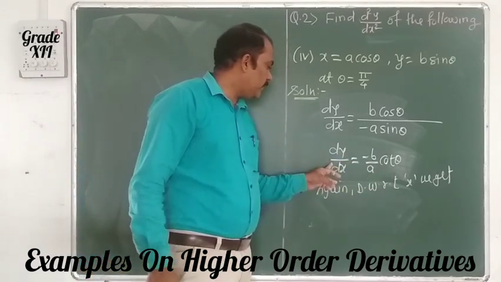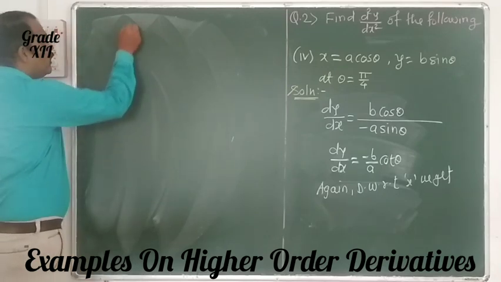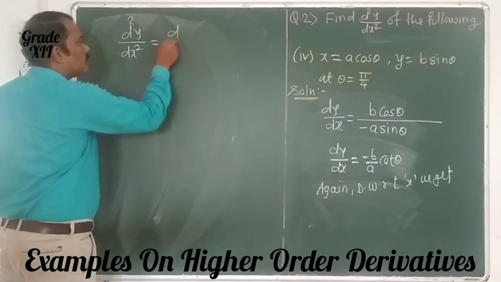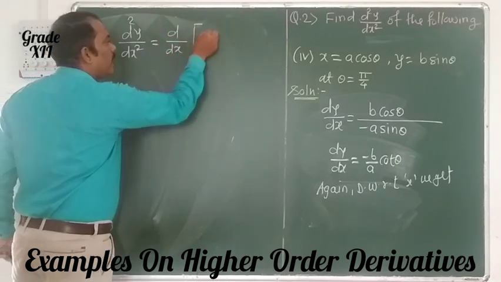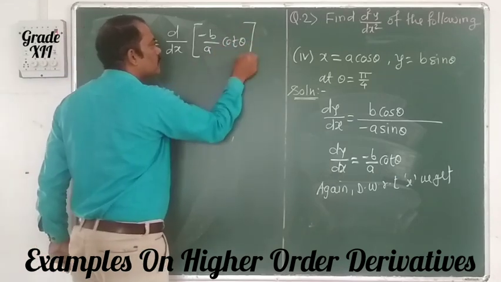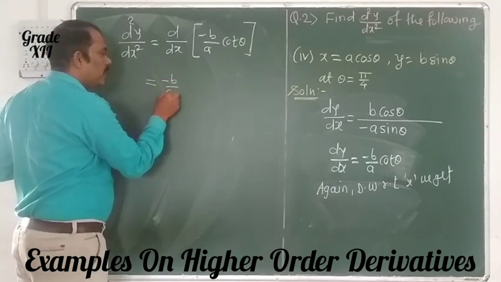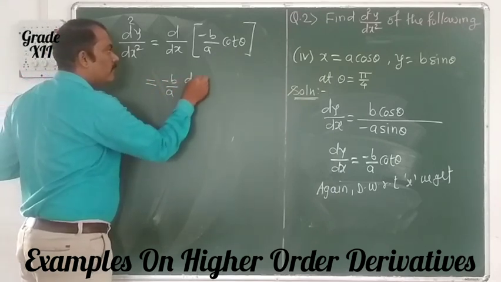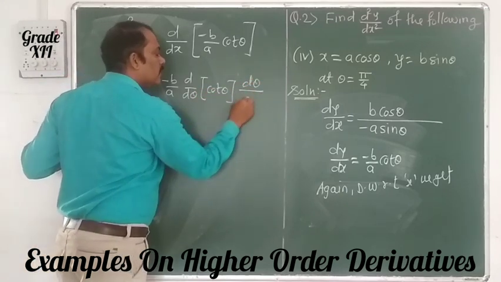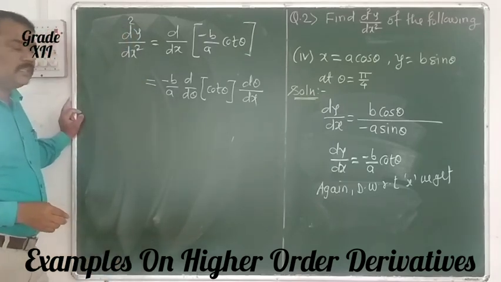Differentiation of this dy by dx with respect to x is nothing but d2y by dx square is equal to d by dx of minus b by a into cot theta. Minus b by a is a constant, so that we can write minus b by a into d by d theta of cot theta into d theta by dx. This is the simple adjustment, so that we can take the derivative easily.